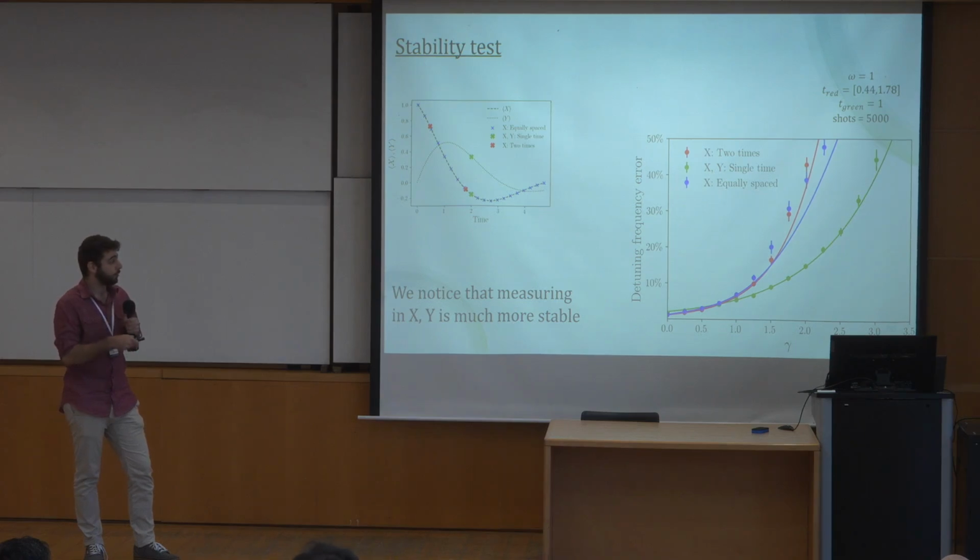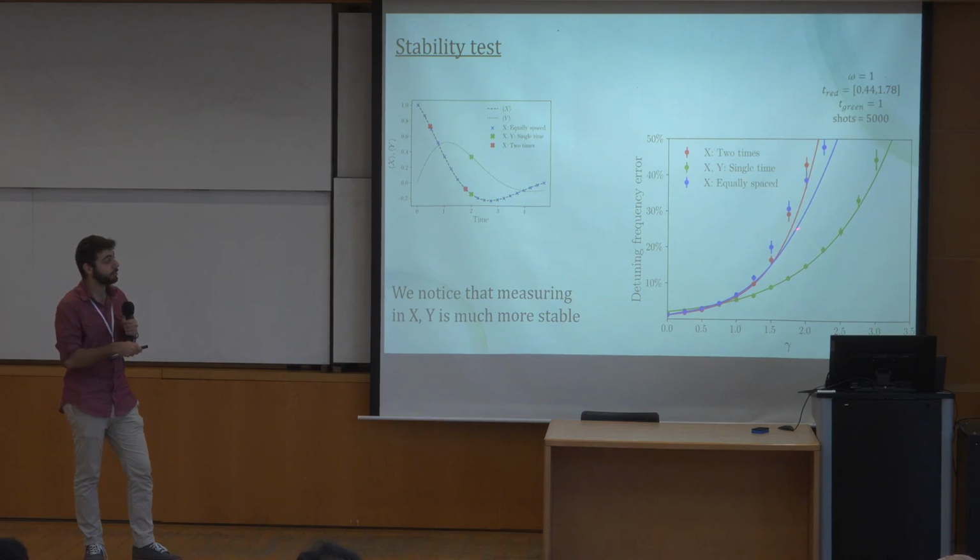So what we can see here is that as we increase gamma, obviously the error in estimation will go up because we are deviating from the optimal parameters. But the green method, measuring in both x and y axis at a single measurement time, is much more stable.